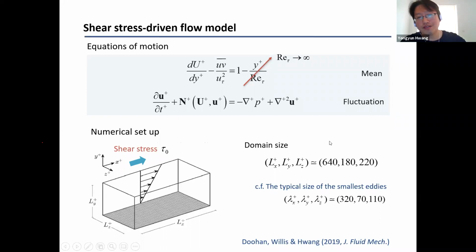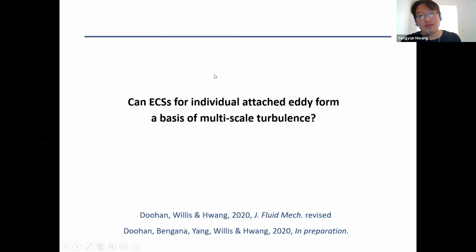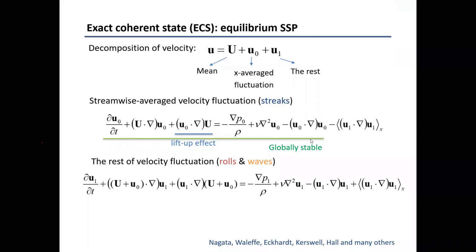The bulk of the large scale structure is actually driven by the lift-off effect, I think. The lift-off effect is the terminology we use to describe the evolution, say this term. This is the equation for the streaks, and lift up. Yes.